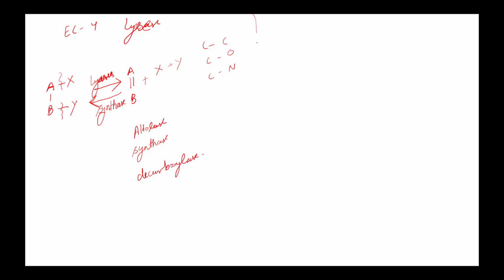Next comes EC5, which we can call isomerases. Isomerases catalyze several types of intramolecular rearrangements and yield an isomeric form.